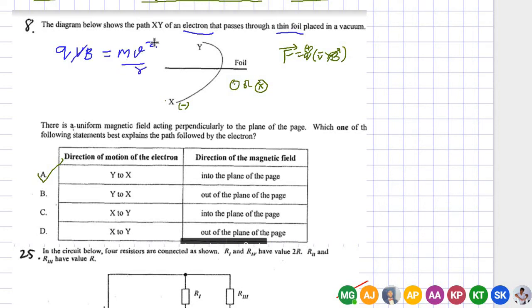So now the v will cancel out with the square, and you get r equals mv by qB. Now m, q, B, they are all constants. So r is proportional to the velocity of the particle, and we know that velocity will get reduced after crossing the foil. So r will also get reduced after crossing the foil.